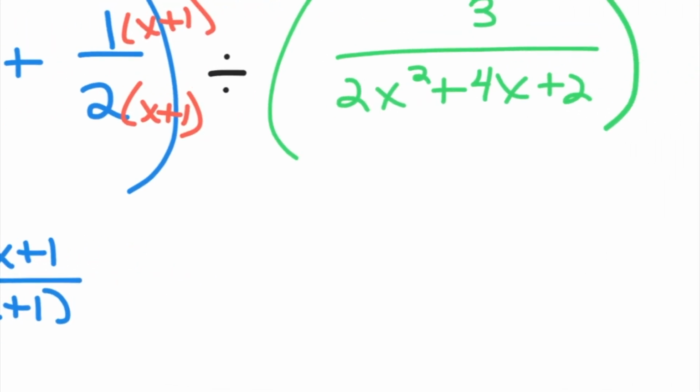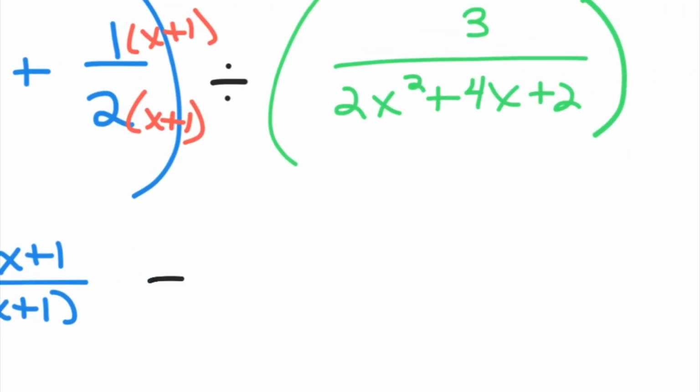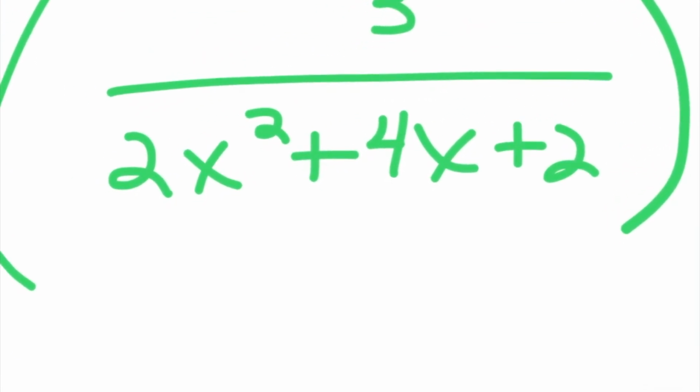Let me switch over to the green part of the function though, and the first thing I'm going to do is factor the denominator. You should see that you have a GCF of 2. So take out the 2 and you have x squared plus 2x plus 1. Grab a scratch sheet of paper and factor that.